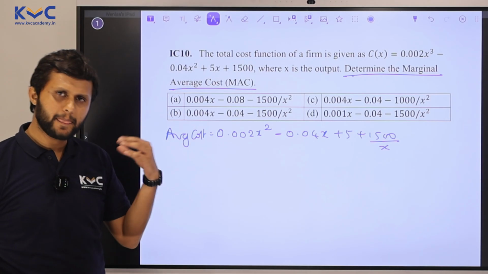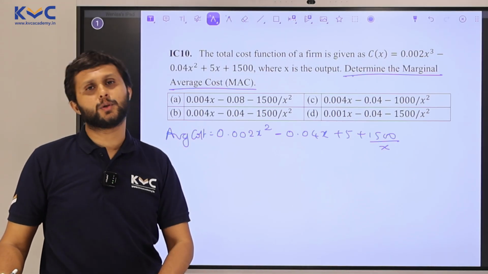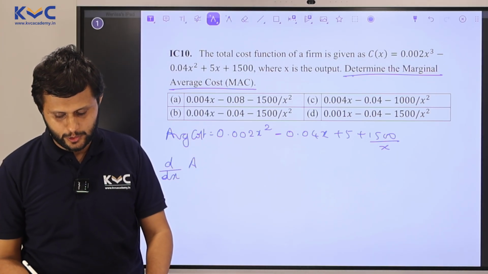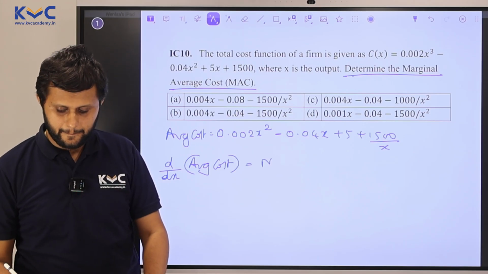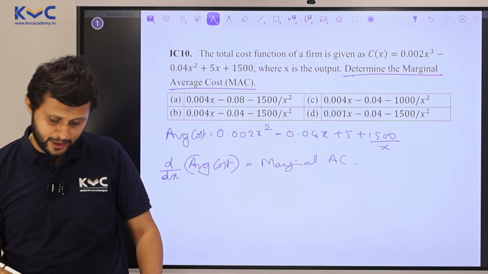Now if you differentiate the cost function, we get marginal cost. So if you differentiate average cost with respect to x, we get marginal average cost. So let's differentiate.